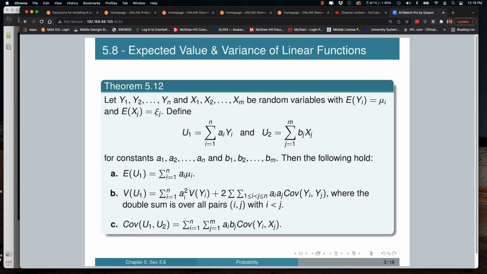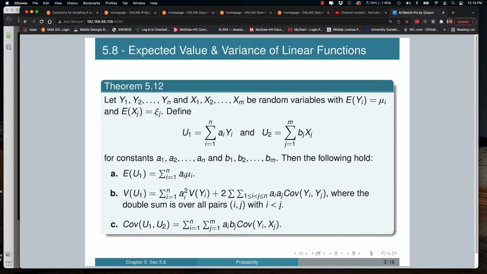We can define u sub 1, which equals the sum from i equals 1 to n of a sub i times the random variable y sub i, and u sub 2 be the sum from j equals 1 to m of b sub j times the random variable x sub j, for constants a sub 1 through a sub n and b sub 1 through b sub m.